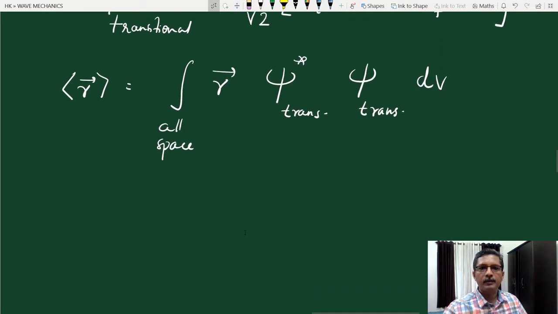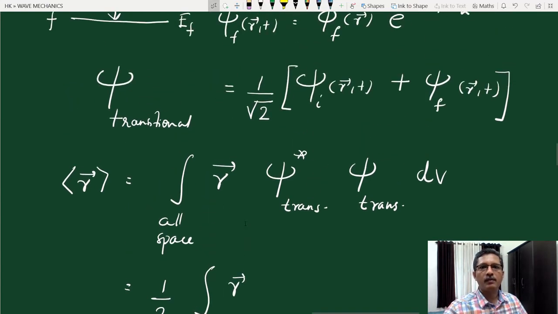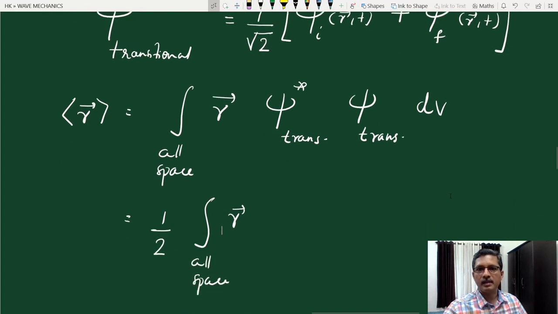Then what you get is 1 by root 2 into 1 by root 2, which will come from psi star and psi. 1 by 2 I can take outside, integral over all space. Now this psi is 1 by root 2 times psi I plus psi f, right?